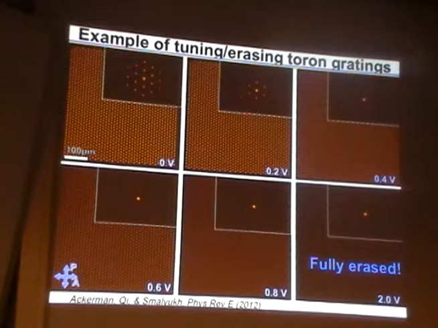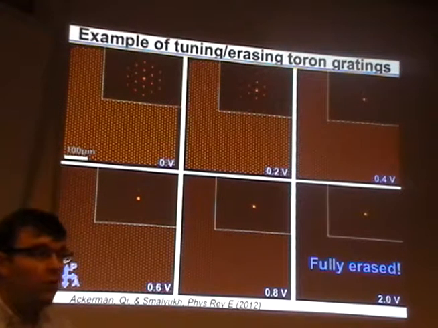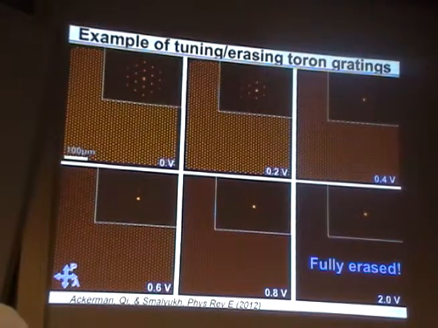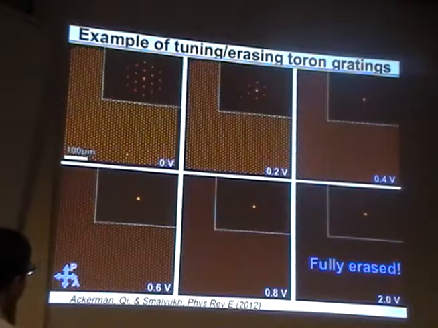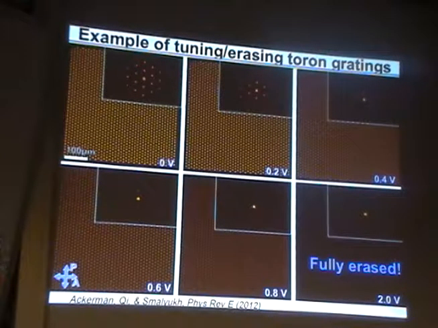Not only that, you could apply voltage again to the sample. Say you have a material with positive dielectric anisotropy, you could then at some voltage unwind this structure, right? And so fully erase this periodic array of toron structures, so that you essentially erase the diffraction grating.